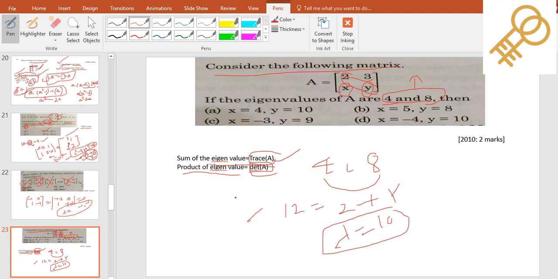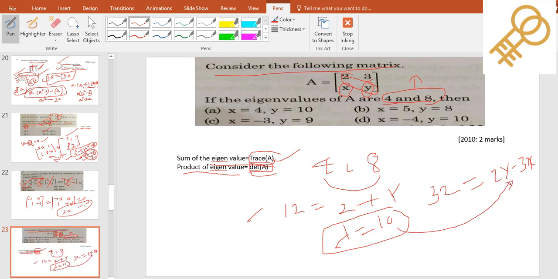The second point is that the product of the eigenvalues is always equal to the determinant of A. They have given 8 and 4, so 8 into 4 is 32, which is equal to the determinant of A. The determinant will be 2y minus 3x according to the given question, right? We already have the y value, so we put it here.